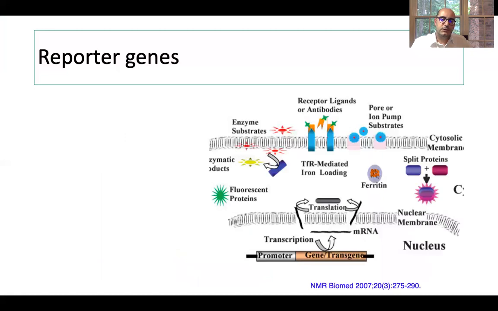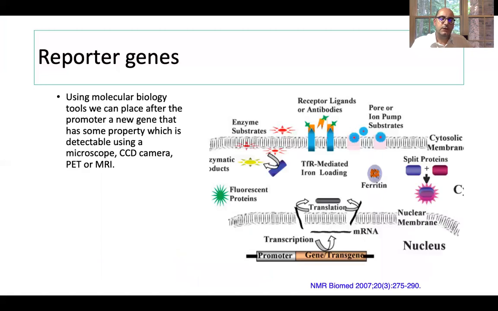Reporter genes, as you can see here in the illustration, can be inserted into the cells using synthetic biology, and they help us to detect all these changes or to locate cells using some sort of information or some sort of readout.